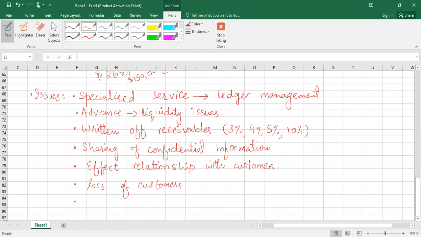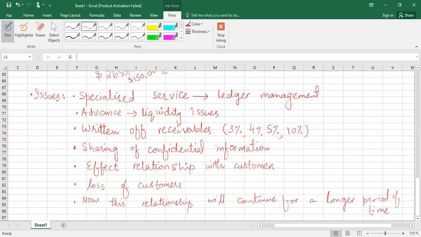And one very important disadvantage is that now this relationship will continue for a longer period of time.